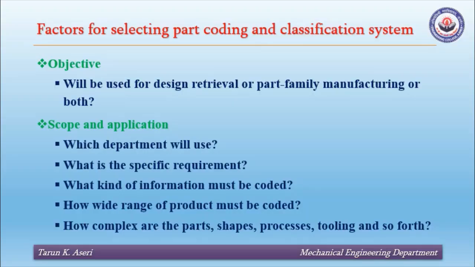Let's talk about the factors that affect how, and on which basis, we have to select the part coding and classification system for any manufacturing unit. In this, what kind of objective do we have for selecting the coding system?